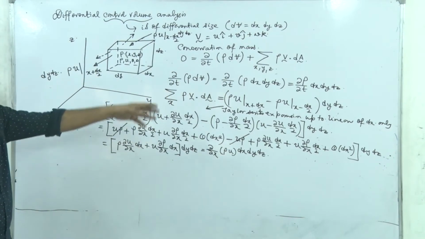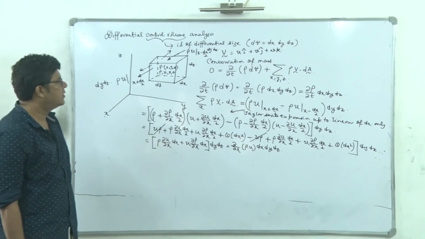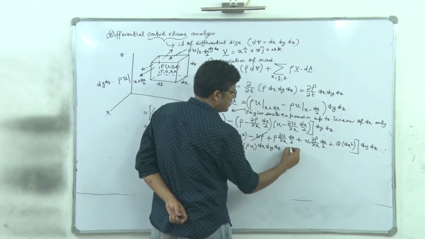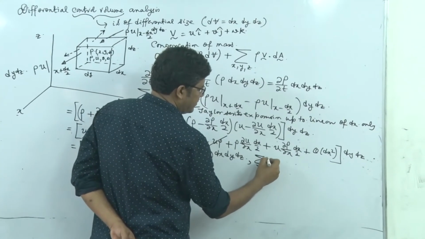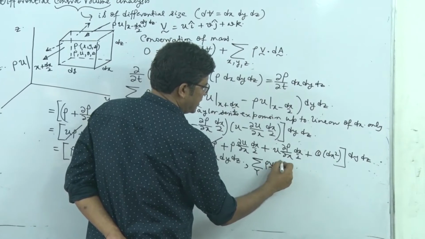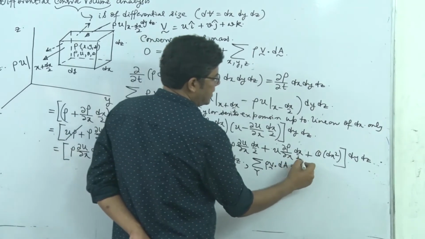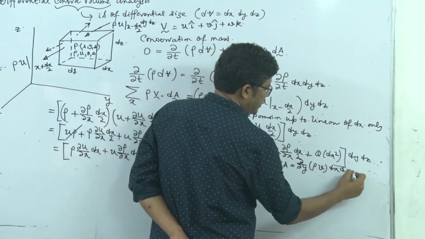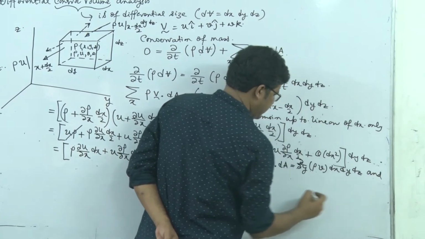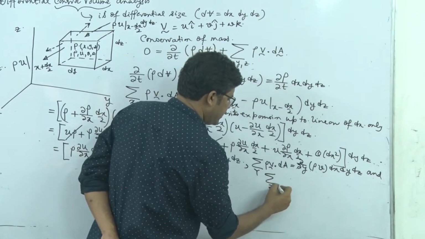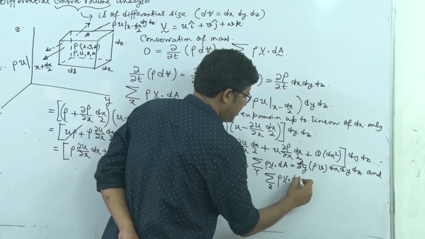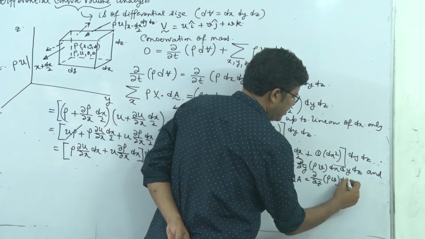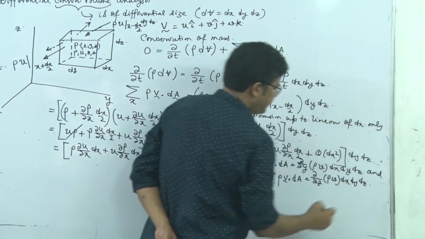It is obvious that the terms for the y direction and z direction will be: for y, rho v dot dA will be del del y of rho v dx dy dz, and for z, rho v dot dA will be del del z of rho w dx dy dz.